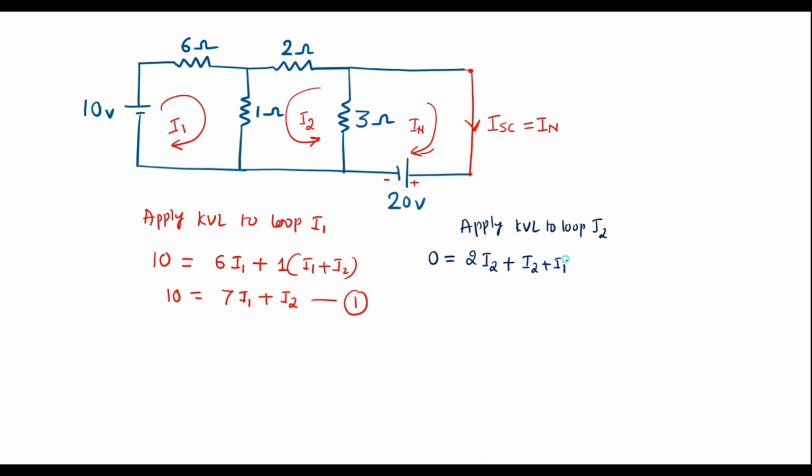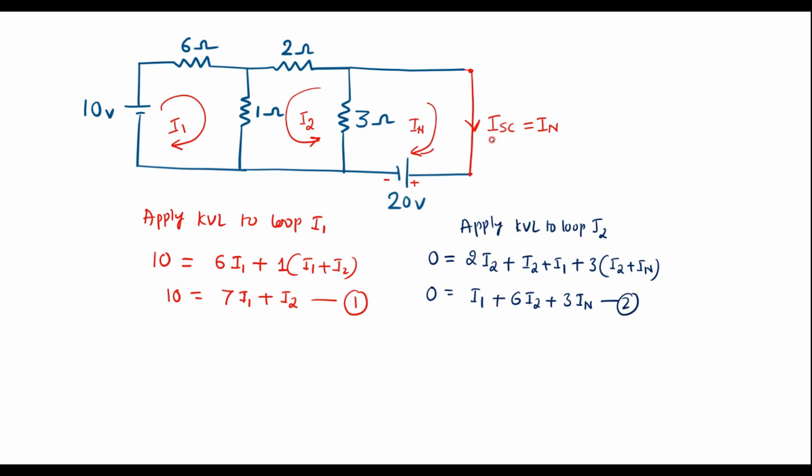Then voltage across 3 ohm is 3 times I2 plus IN, or I can write 0 equal to I1 plus 2I2 plus 1I2, that is 6I2 plus 3IN. Let me call it equation 2.